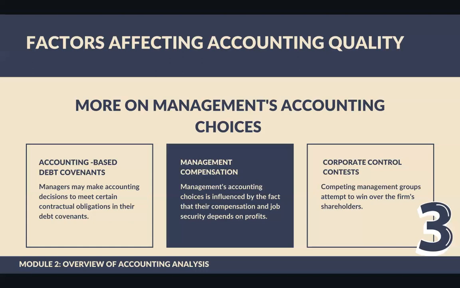In order to maintain that ratio and follow the word of the debt covenant, the managers may make accounting decisions to meet that specific stipulation in their debt contracts.